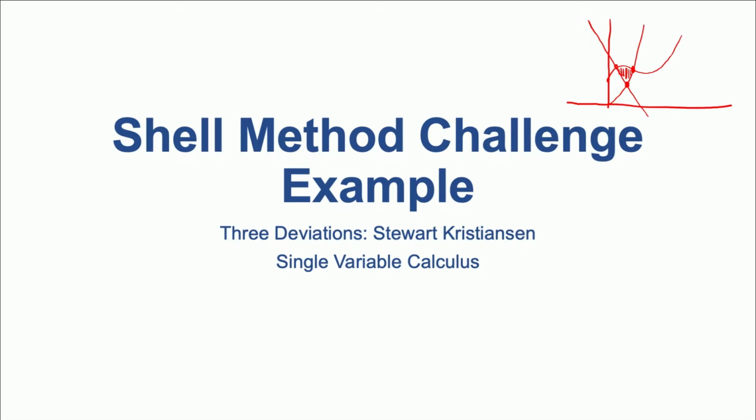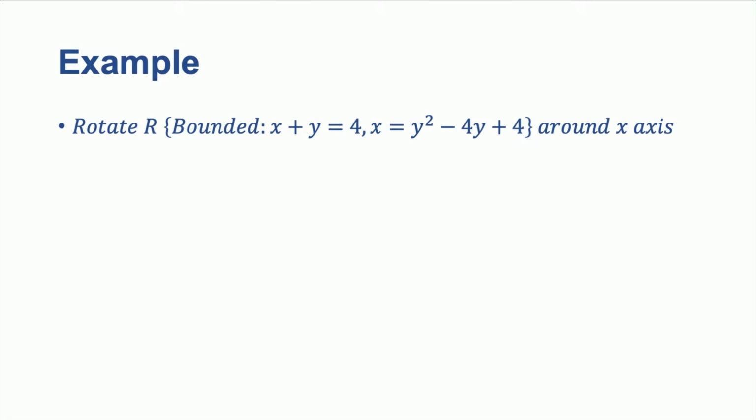Alright, so let's take a look at our example here. For this example, I would like to rotate the region bounded by x plus y equals 4 and x equals y squared minus 4y plus 4. Something important is that we are now going around the x-axis.